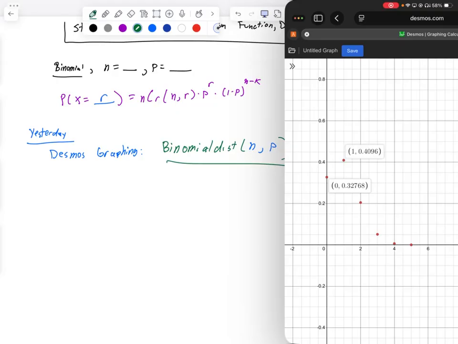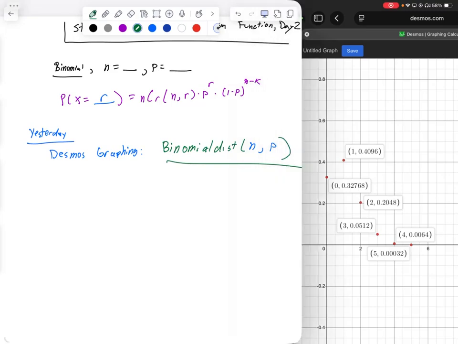This is the probability that x equals 1, 2, 3, 4, and 5. Some of you caught on that we can use this during the do now. Okay, so that's all review.